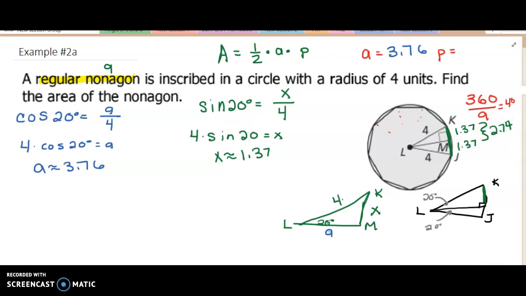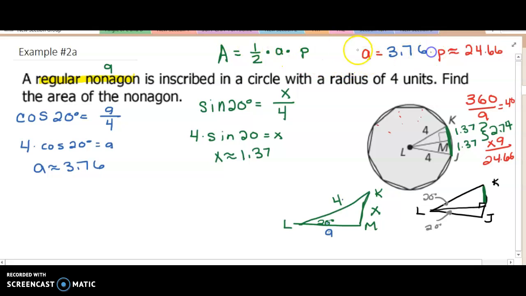Okay, well, there's 9 sides in a nonagon, so I'm going to multiply that by 9. I get 24.66. So I can say that my perimeter is roughly 24.66.